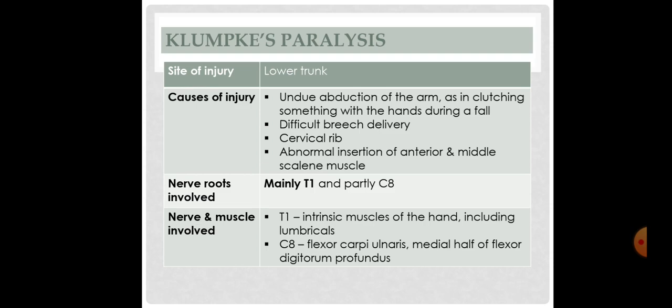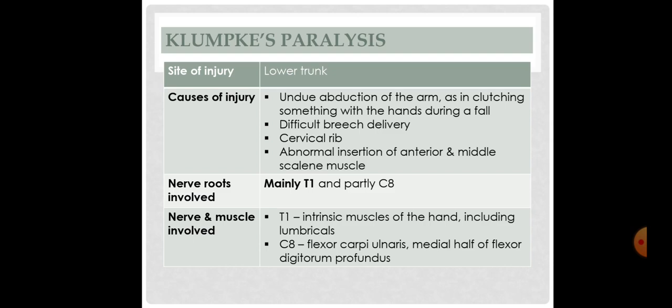But mostly, if you ask the single nerve root, that will be T1. And another thing, don't confuse Klumpke's paralysis with ulnar nerve palsy. These two are not similar. In Klumpke's paralysis, mainly nerve roots are involved, and ulnar nerve is a totally different thing.